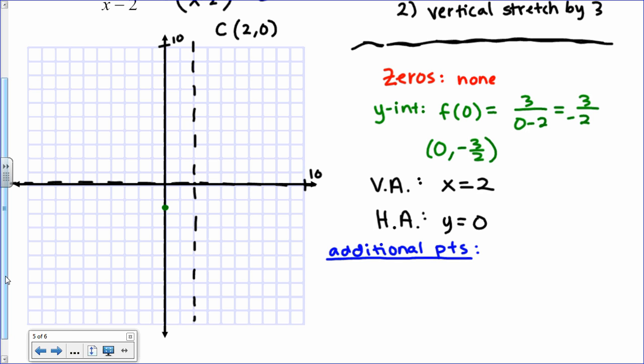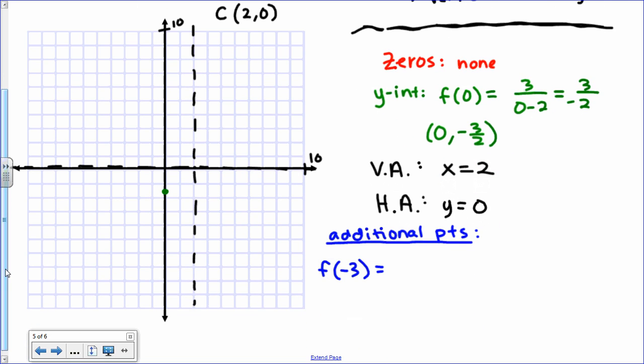I already know 0. 1, negative 1, negative 2, negative 3. Anything left of that vertical asymptote. I heard negative 3 first, so we'll do that one first. So plug that back into your original. So that's 3 over negative 5. So that's the point negative 3, negative 3 fifths.